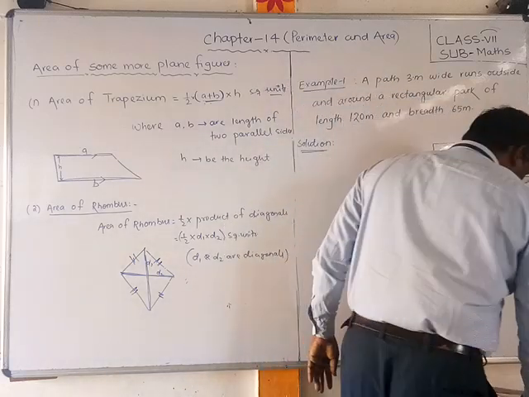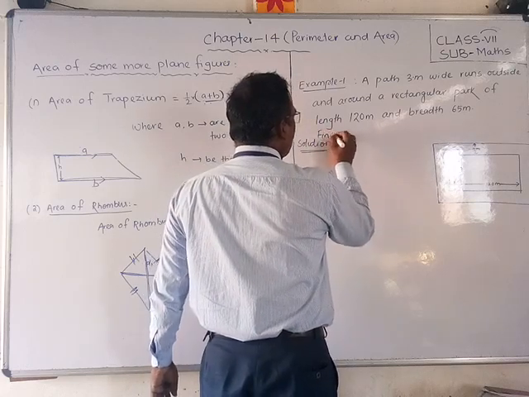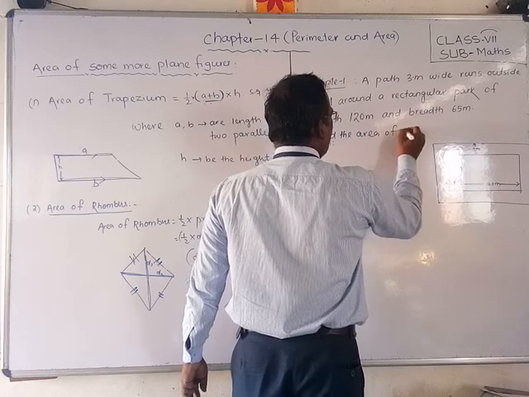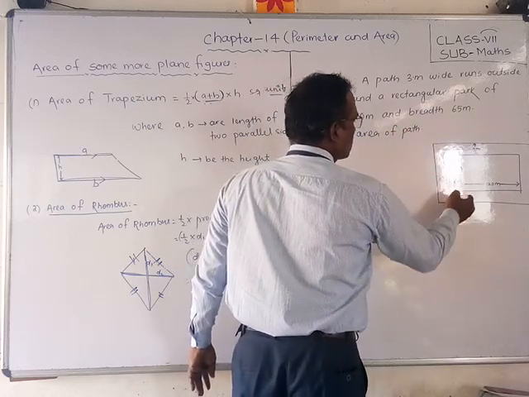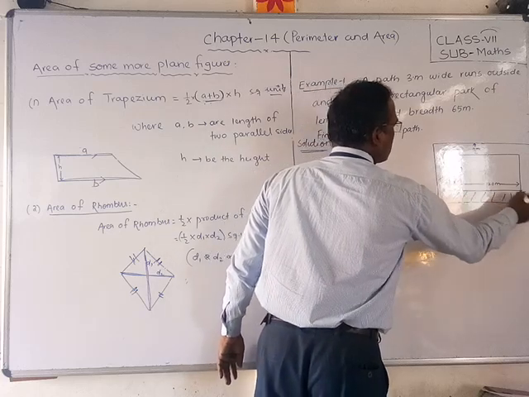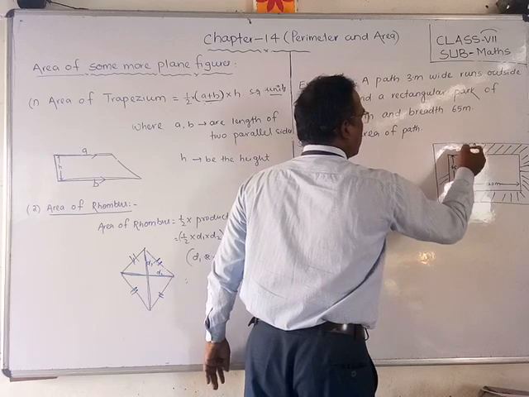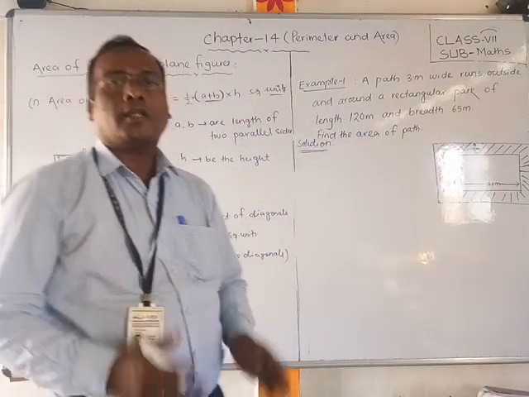Find the area of the path. This path is around it, and this area you have to find.